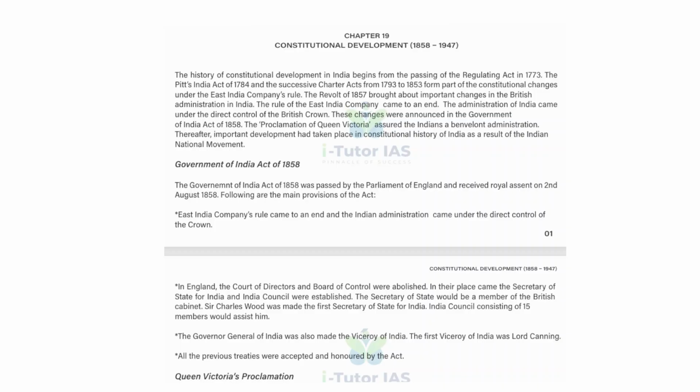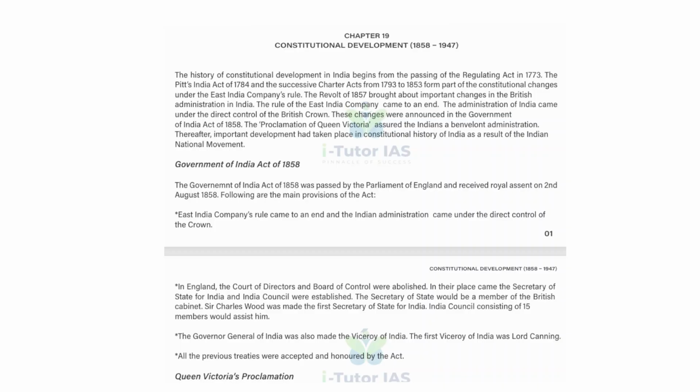So after the mutiny, it was a transition from absolute imperial control to the establishment of a sovereign democratic republic, and this era was marked by several landmark acts passed by the British Parliament to reorganize administration and gradually increase Indian participation. So that is the importance of this 1858 to 1947 period.